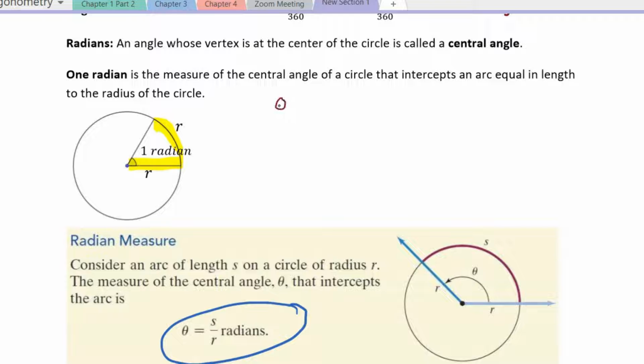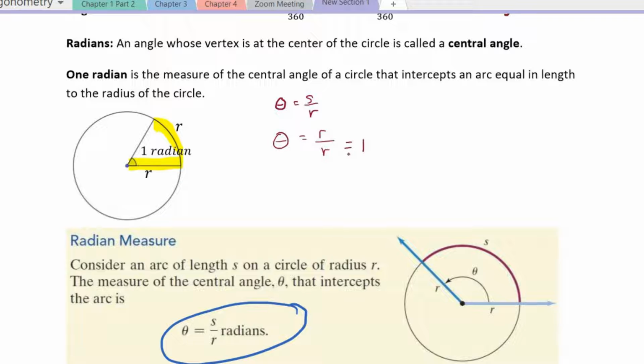Now that we have this formula, theta equals S over R, we can look at this diagram and see this relationship between arc length and radius. If my arc length and radius are both the same, then I have R over R, which equals 1.